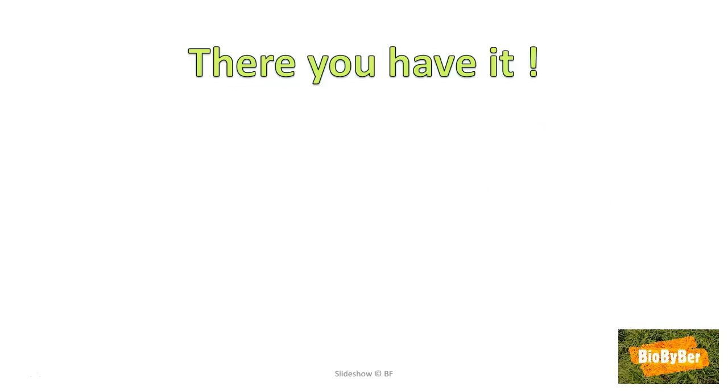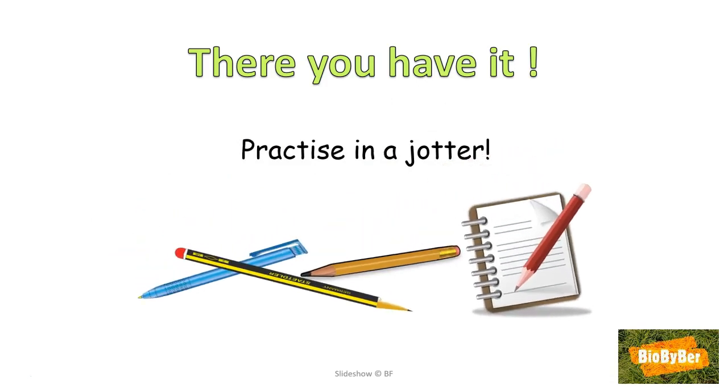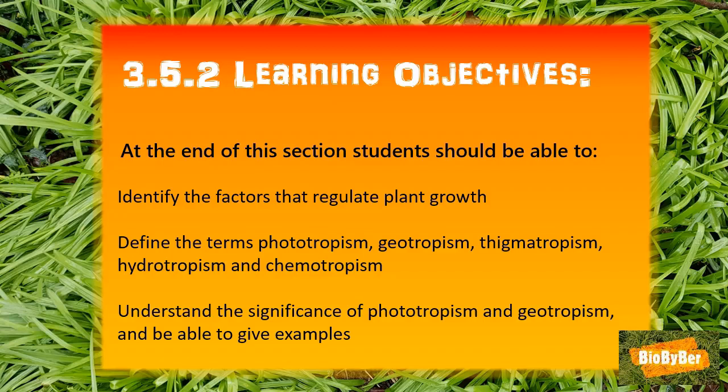There you have it. Make sure you know these definitions off by heart. Practice them in a jotter until you have them word perfect. Now that we have reached the end of our lesson, have we achieved our objective?